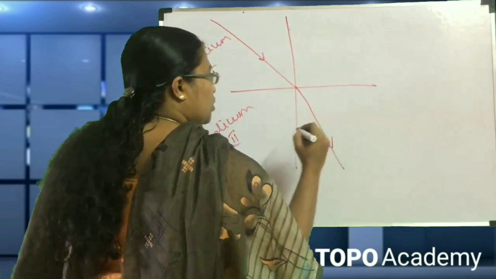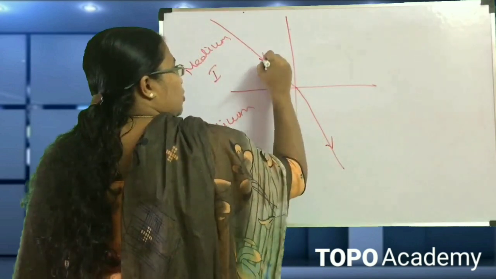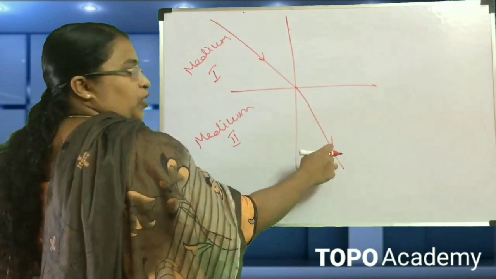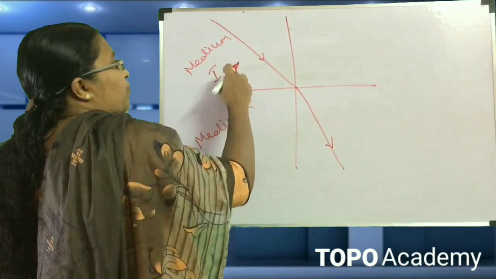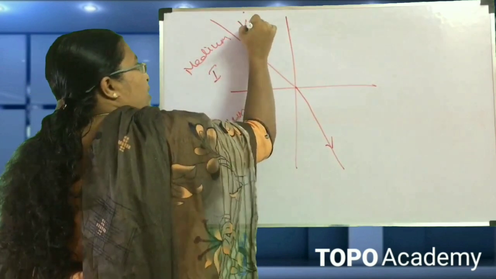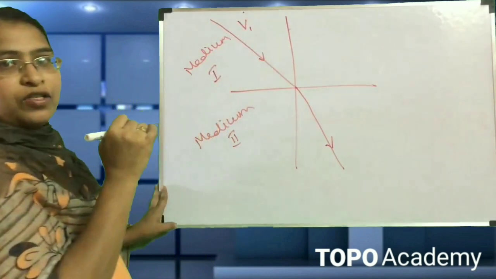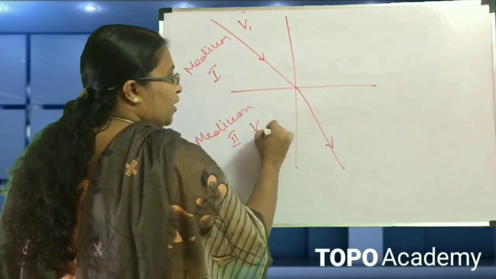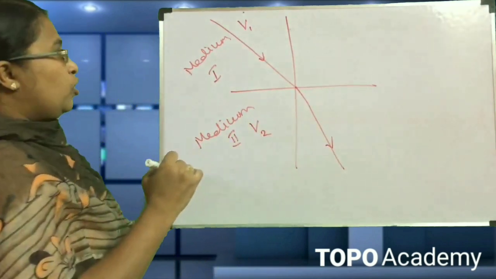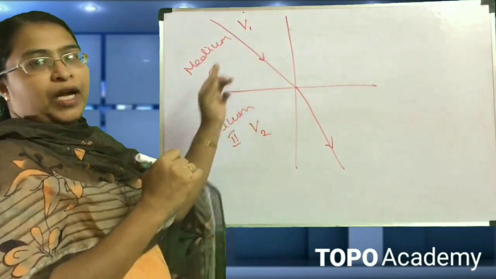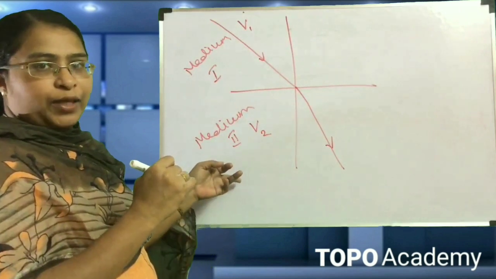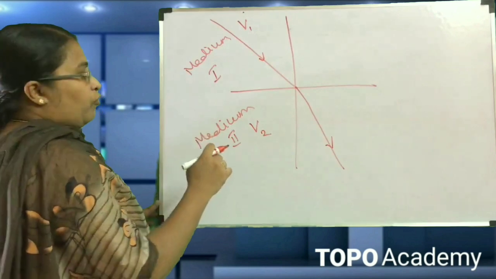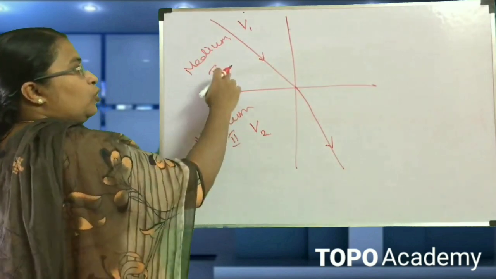This is the incident ray and this is the refracted ray. In medium 1, let the velocity of light be v1, and in medium 2, the velocity of light is v2.